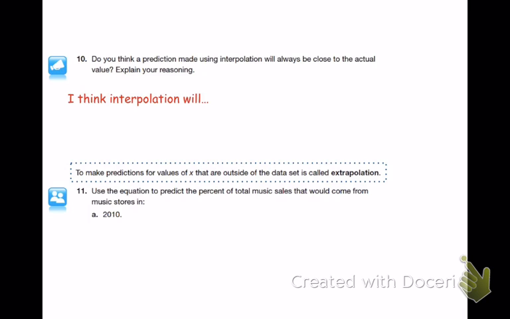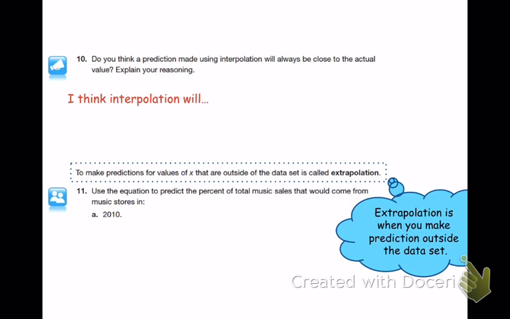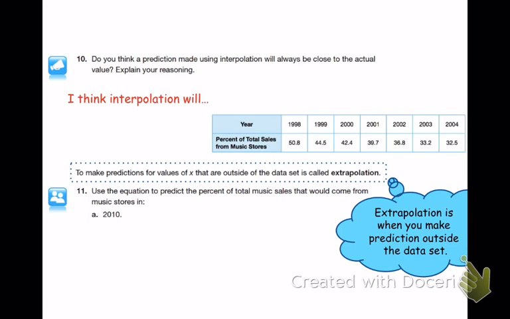All right, now you're done with number 10. Flip to the next page, and we should be working on number 11 now. Let's look at making predictions when it's not in the data set. We call this extrapolation. The definition is in that dotted line box. To make predictions for values of x that are outside of the data set is called extrapolation. In this table, we're going from 1998 all the way to 2004.